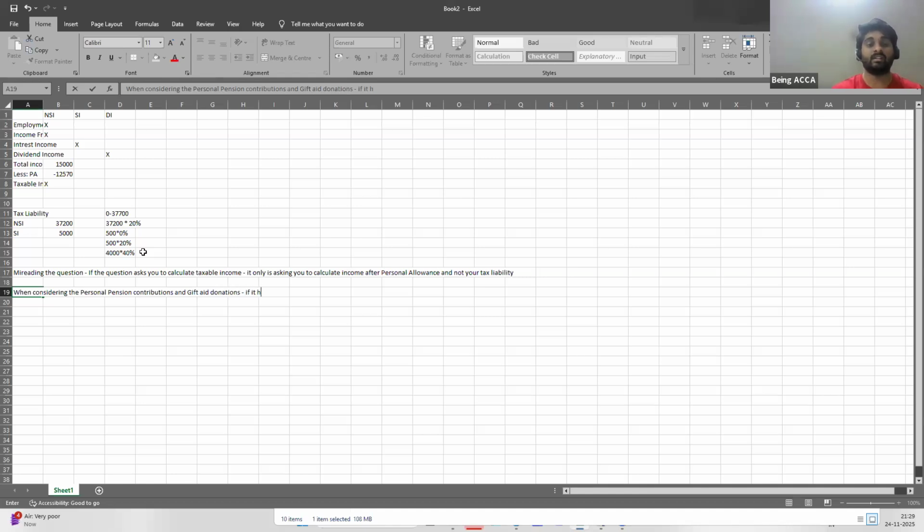If it has been mentioned that the gross values have been provided in the test, then you do not have to multiply them with 100 by 80 again. Once the gross values are given, you do not have to gross them up again. You can directly take those values instead of grossing them up all over again.